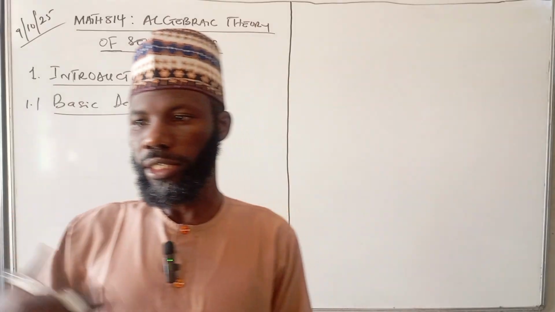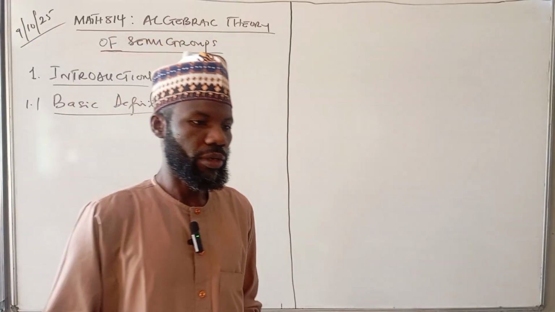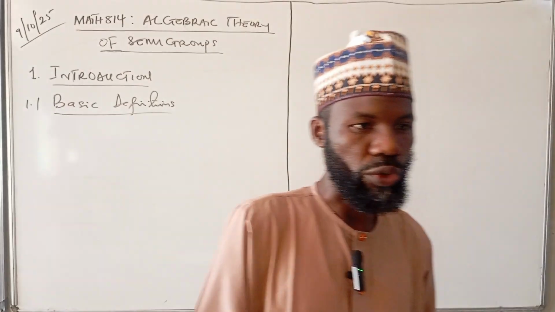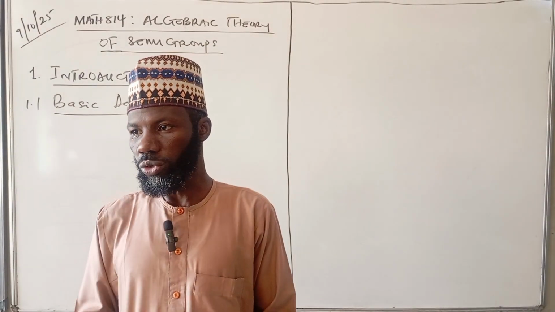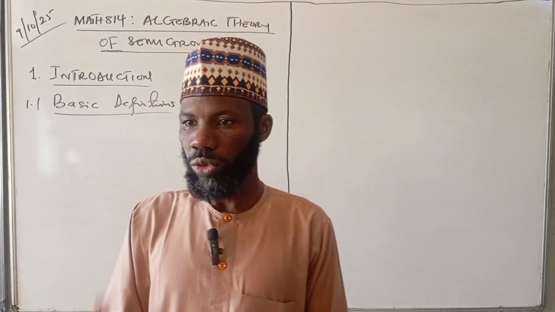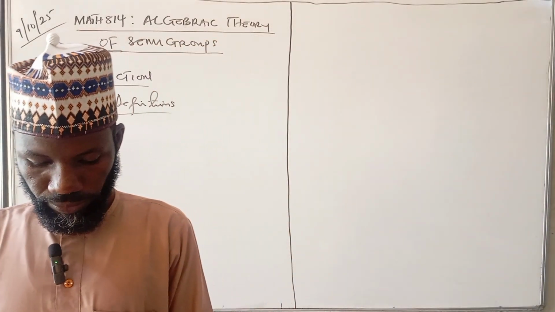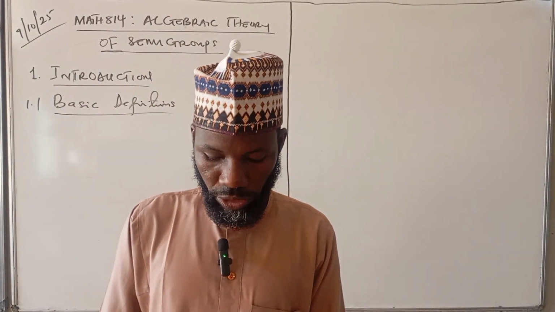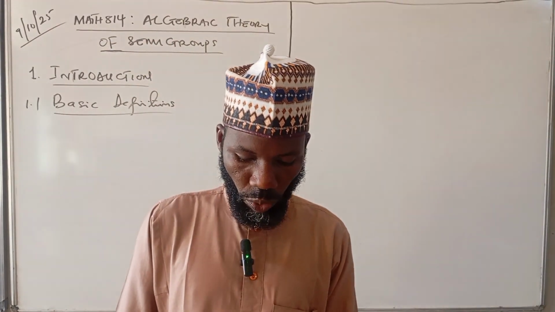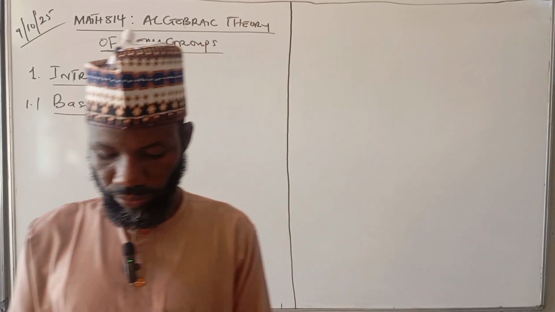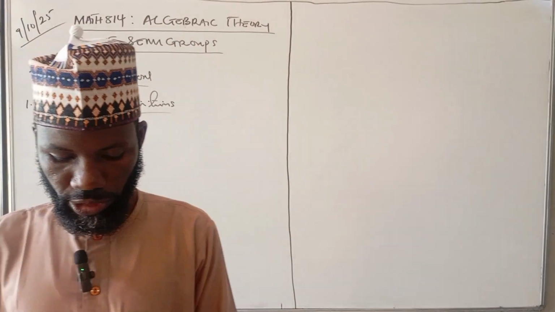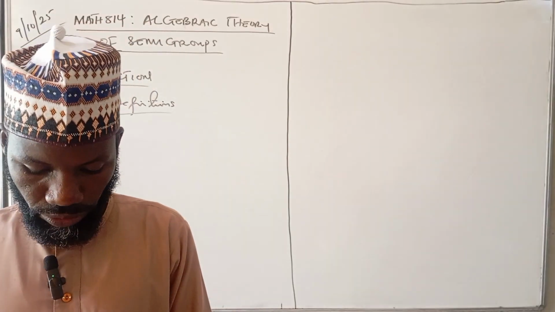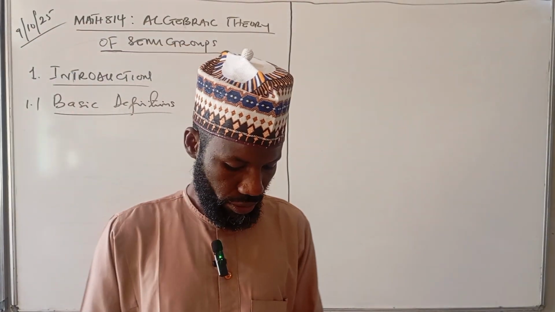They realized that there are other algebraic objects that do not qualify to be groups, but they are semigroups. They satisfy closure and associativity. And then Suschkewitsch also published some work which is the beginning of the systematic study of simple semigroups. We will define what a simple semigroup is in this course.